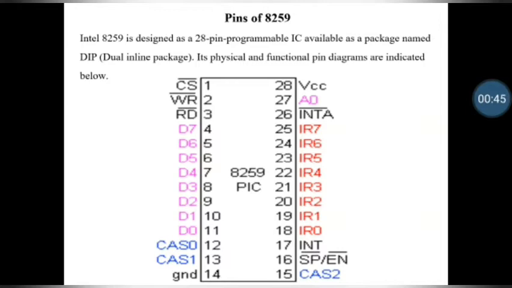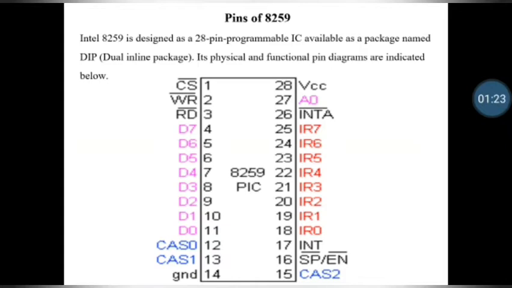So the first pin is the CS bar, chip select signal. This is an active low signal, and it is used for enabling read and write operations of 8259. Next signal is the WR bar, pin number 2. This is also an active low signal, and this pin is used to enable the write operation of 8259.